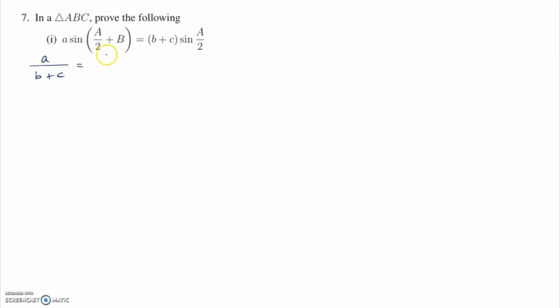We know that we can write this as 2R sin A divided by 2R sin B plus 2R sin C, since a by sin A is equal to 2R, where R is the circumradius of the triangle.